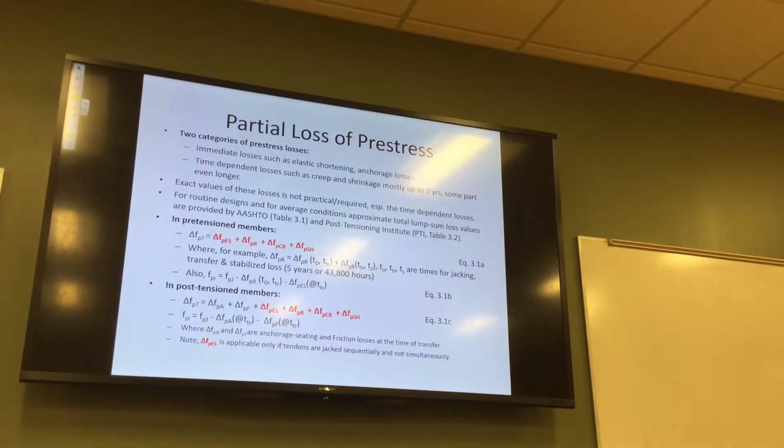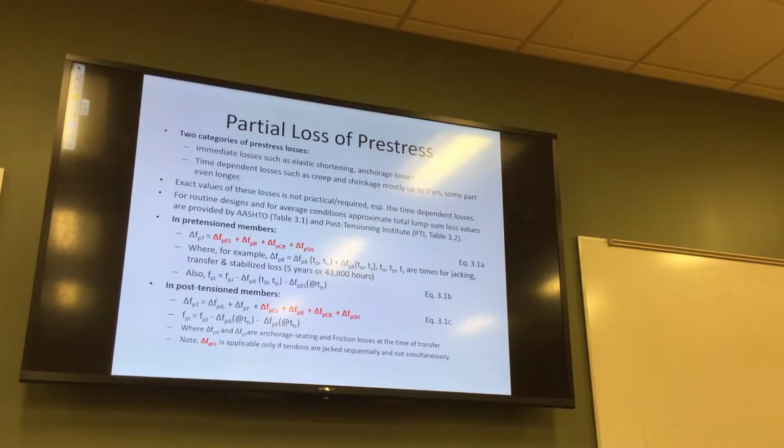So 2 categories, that's the easy part. There's immediate loss and there's time-dependent loss. Immediate is elastic shortening, and I've talked about that. You just suddenly shrink the length. And anchorage loss is as you seat your wedges into the ends of the beam, you're losing something, right? So there is this, the time-dependent losses, creep, shrinkage, and because of the nature of our material, that long-term behavior of material.